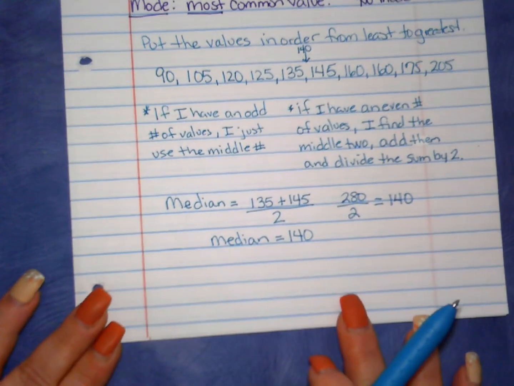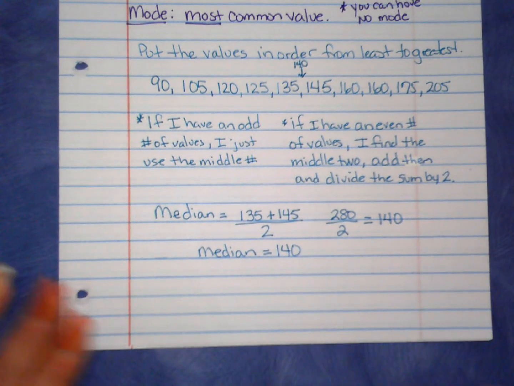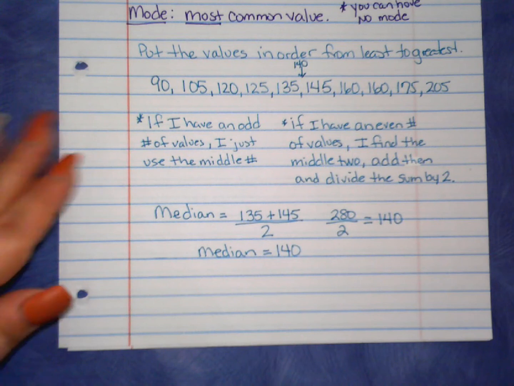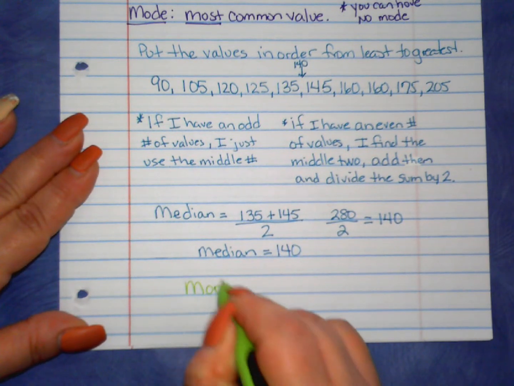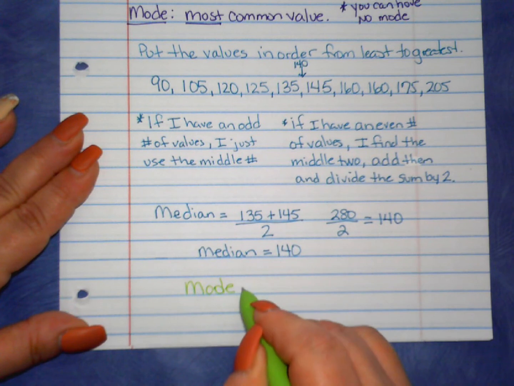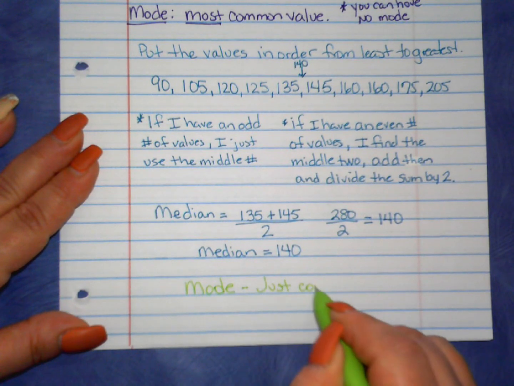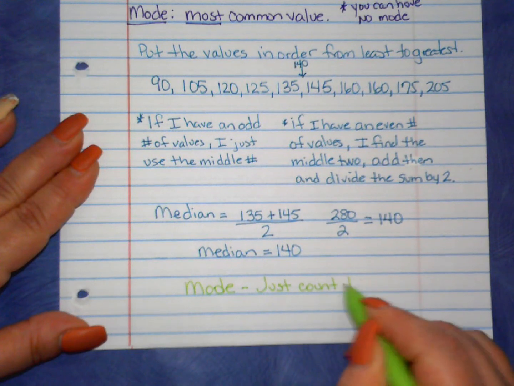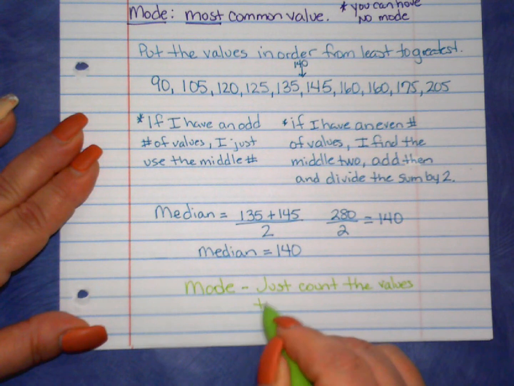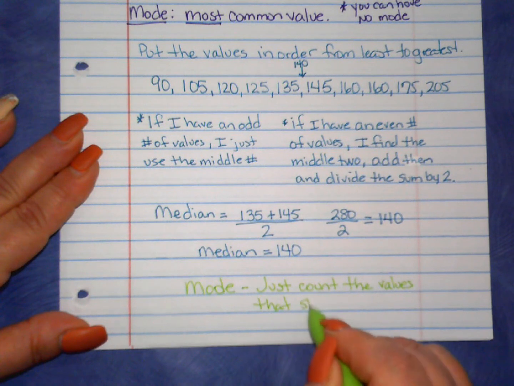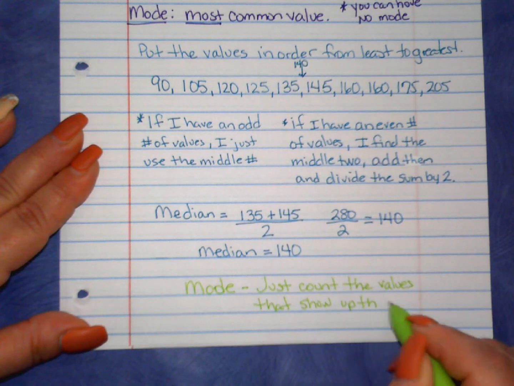Then there's the mode. And the mode, remember, it's just the number that shows up the most often. So for my mode, just count the values that show up the most.